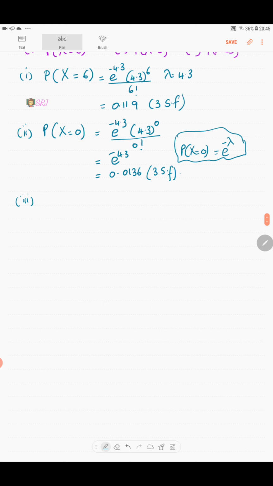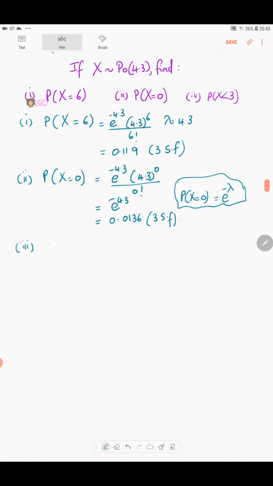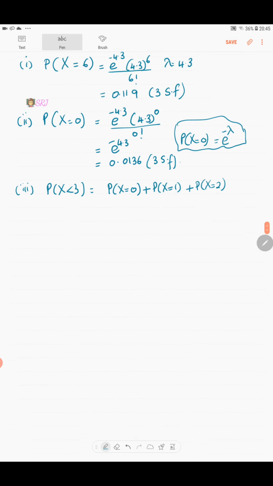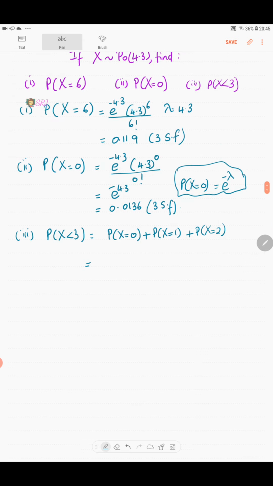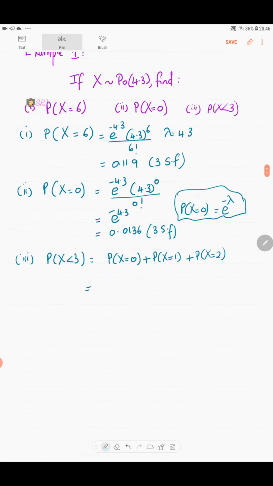Third part. Probability X is less than 3. So X takes values 0, 1, and 2. And then we have to calculate each one using the PDF.